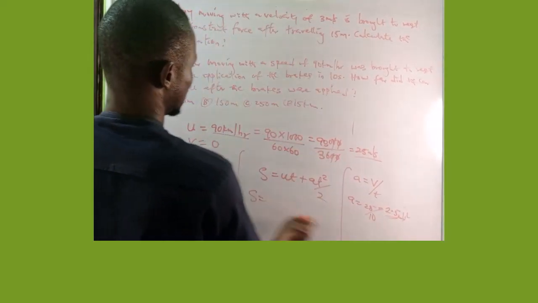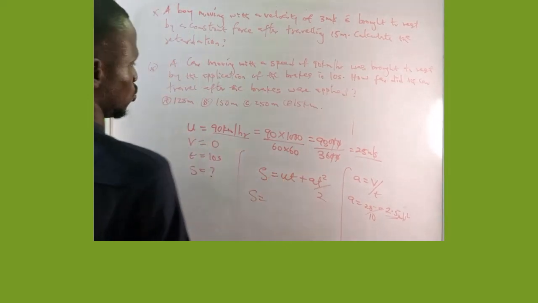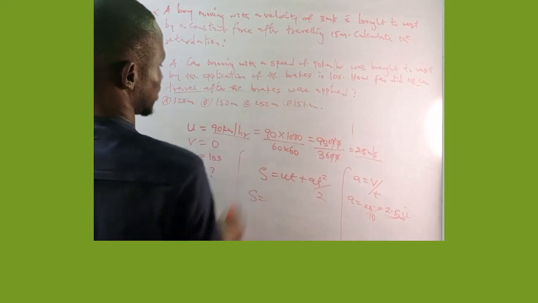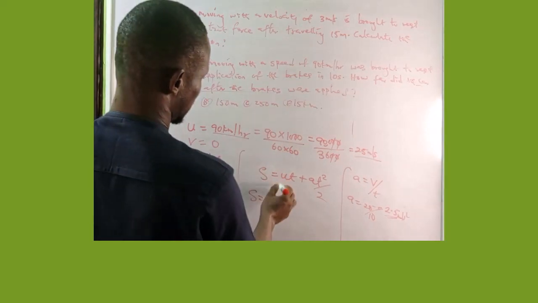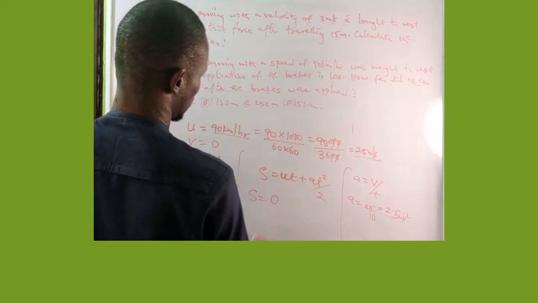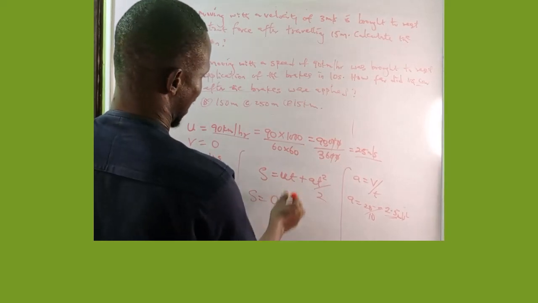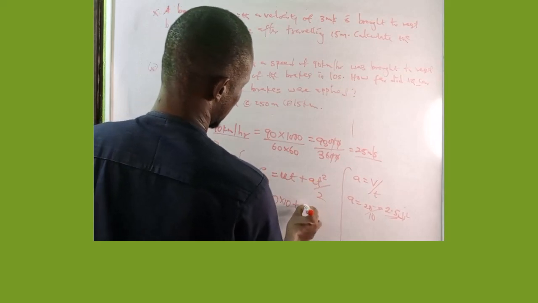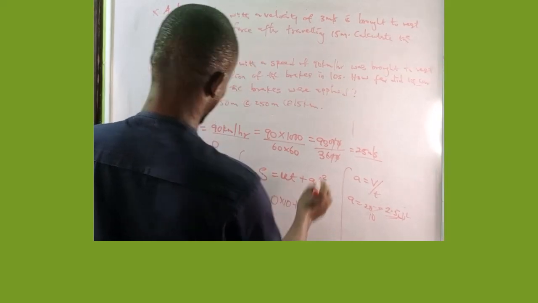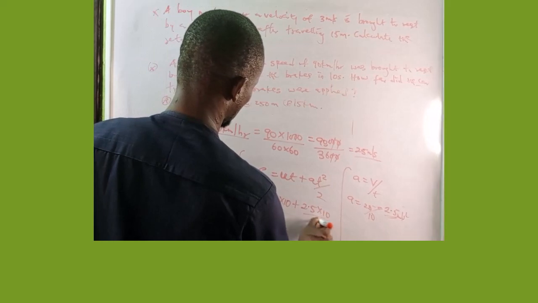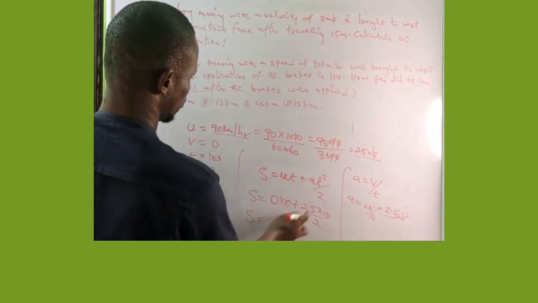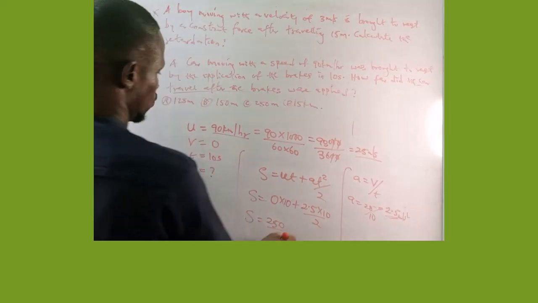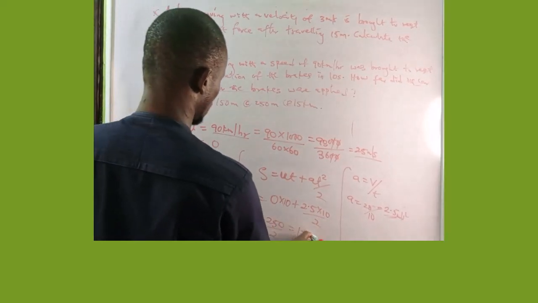So s, therefore, if it moves before coming to rest, the initial velocity here becomes 0 times time 10, plus a, which is 2.5, times time 10 squared over 2. So s is 2.5 times 10, which is 250 over 2. 250 divided by 2 is 125 meter.